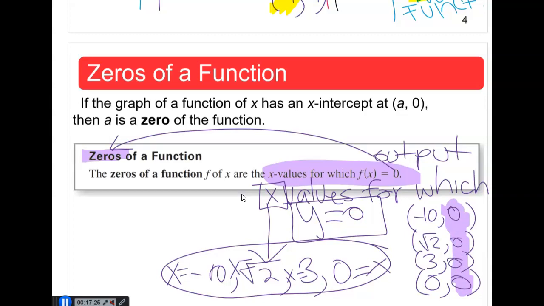If you were to visualize these points, they will be located along the x-axis. And so because of that, we could also refer to them as x-intercepts.